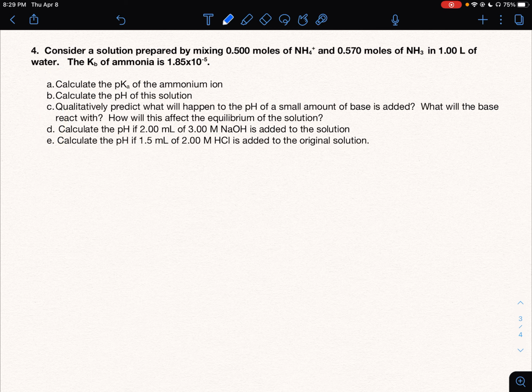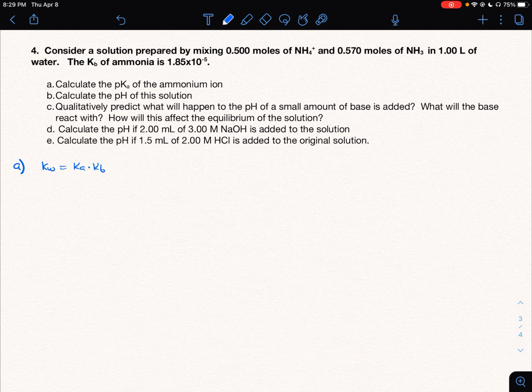We're asked to find the pKa of the ammonium ion. And to do this, we're going to have to remember a few different equations here. We can look them up. So we can recall that Kw is equal to Ka times Kb.